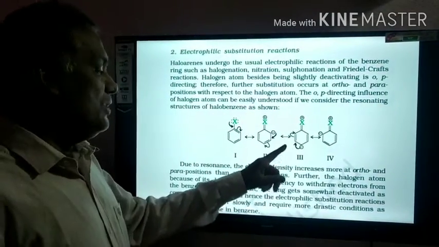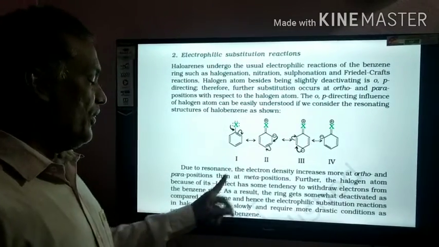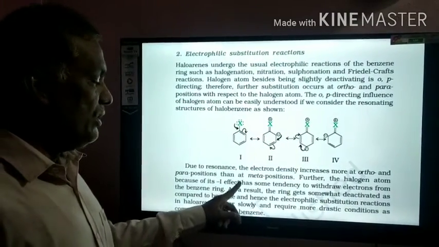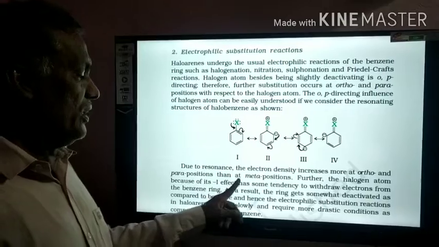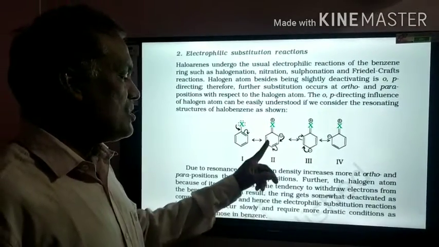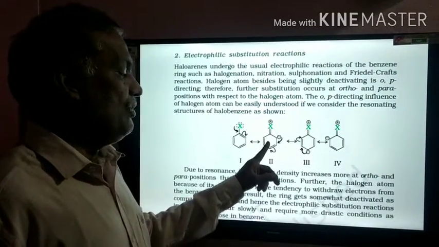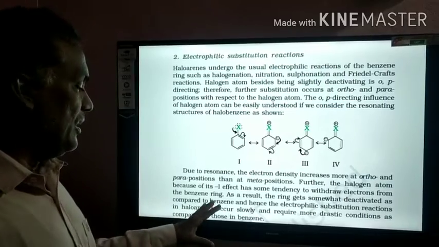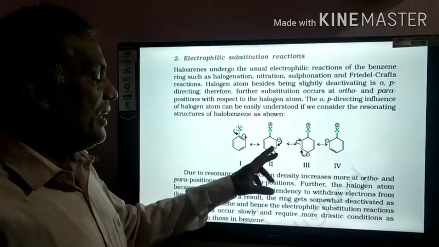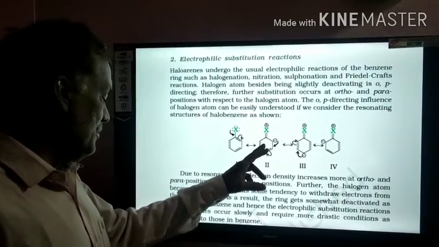The halogen atom, because of its negative inductive effect, shows some tendency to withdraw electrons from the ring.